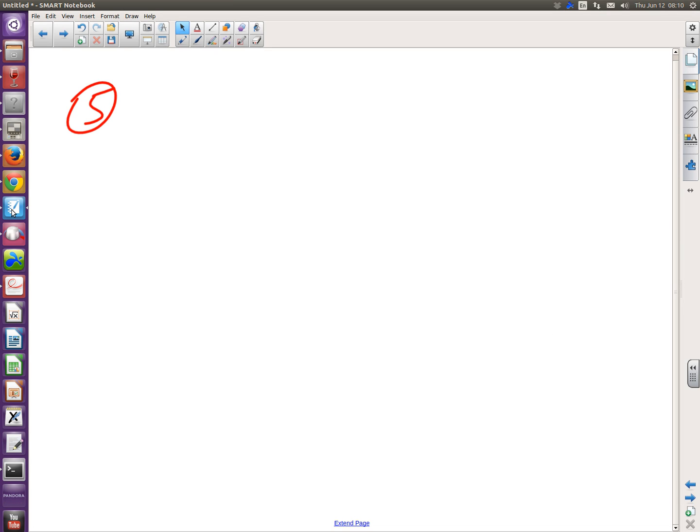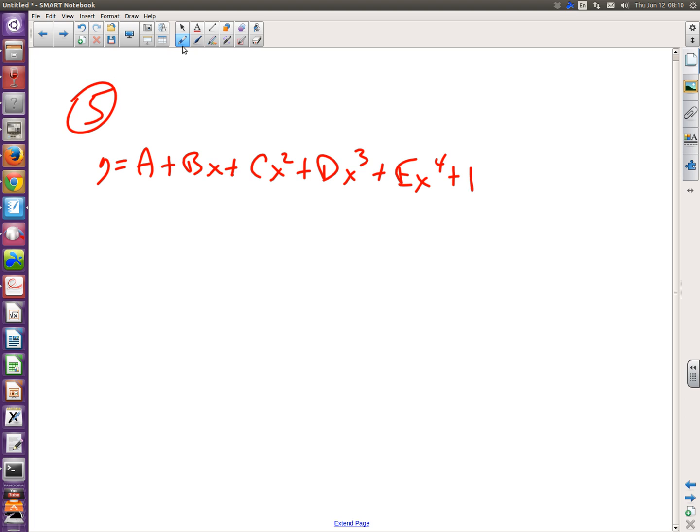So this is 5. Y is still nice and easy Maclaurin, with more terms if you need them if you're trying to get a pattern. Y prime is the same as it was last time.